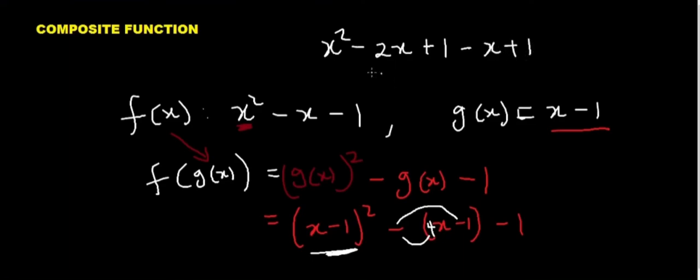Okay, so in that case, I'm going to have my final answer for f of g(x). The final answer will be: this x squared does not have a like term, so we have x squared for this one and this one. That will be minus 3x. Then for this one and this one, that is plus 2.